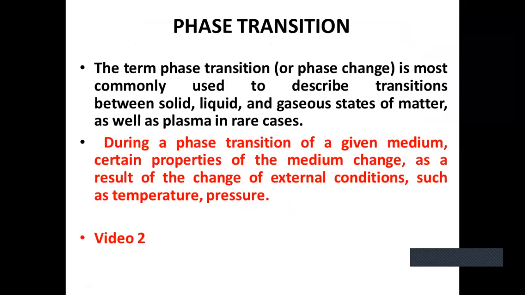During a phase transition of a given medium, certain properties like the volume and the density of that medium change. I think this occurs because of some external conditions such as temperature and pressure. So the next video will explain more about this phase transition.